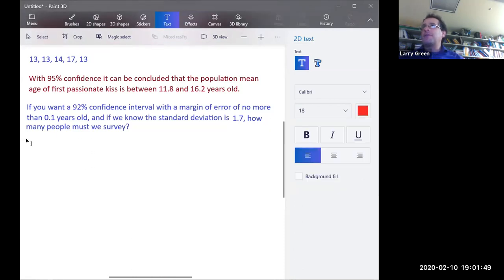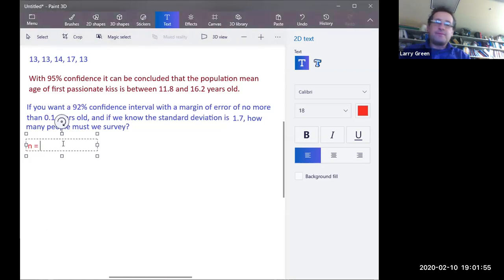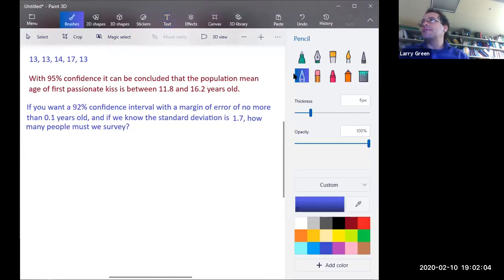And that formula is as follows. N is equal to Z times sigma. You know what? I think I need to do this with a brush because it's too many weird letters.